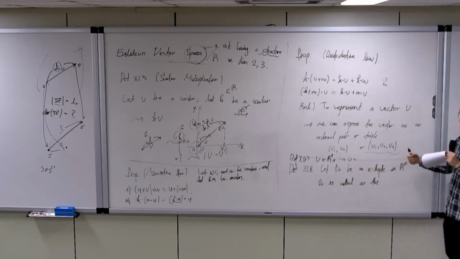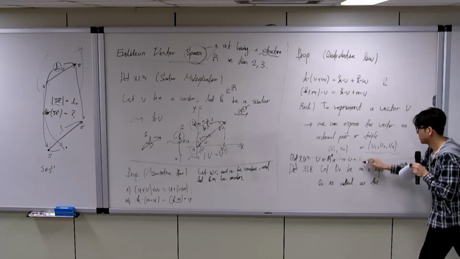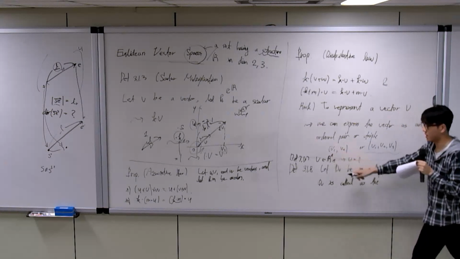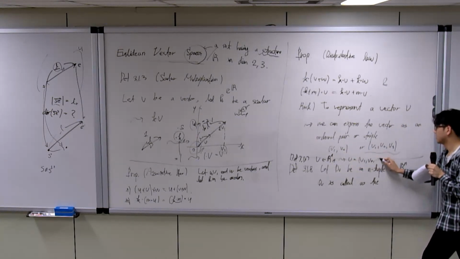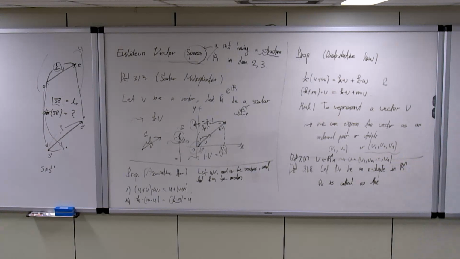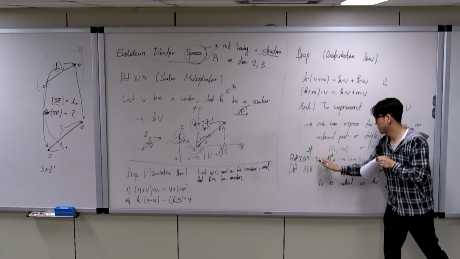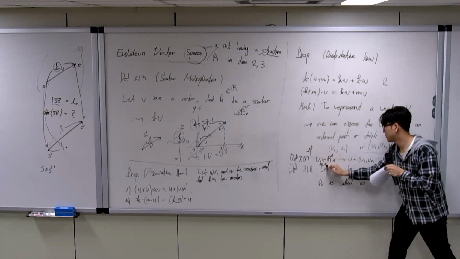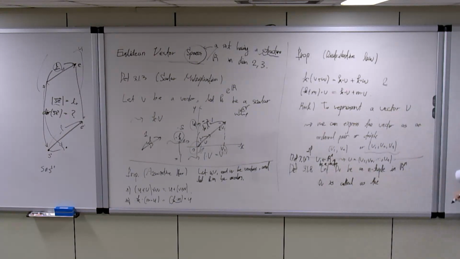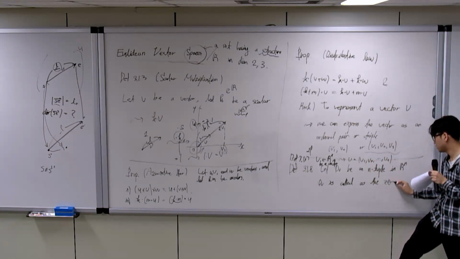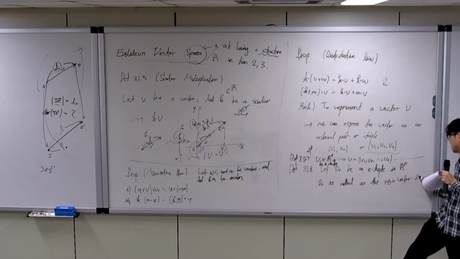We will define a vector in R to the n as a sequence of n real numbers. In this sense, the zero vector is also an n-tuple, however all its entries are 0, and it is called the zero vector in R to the n.